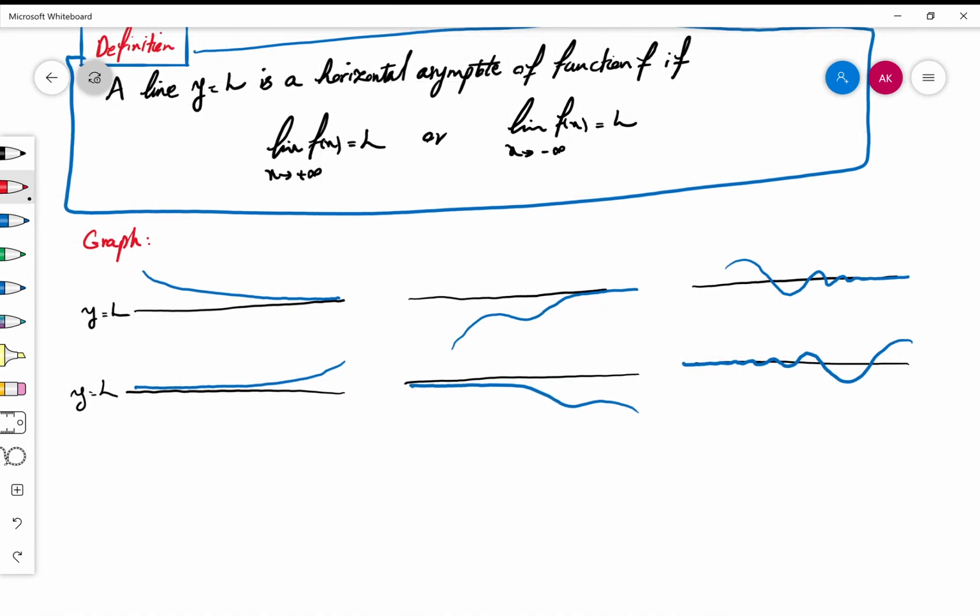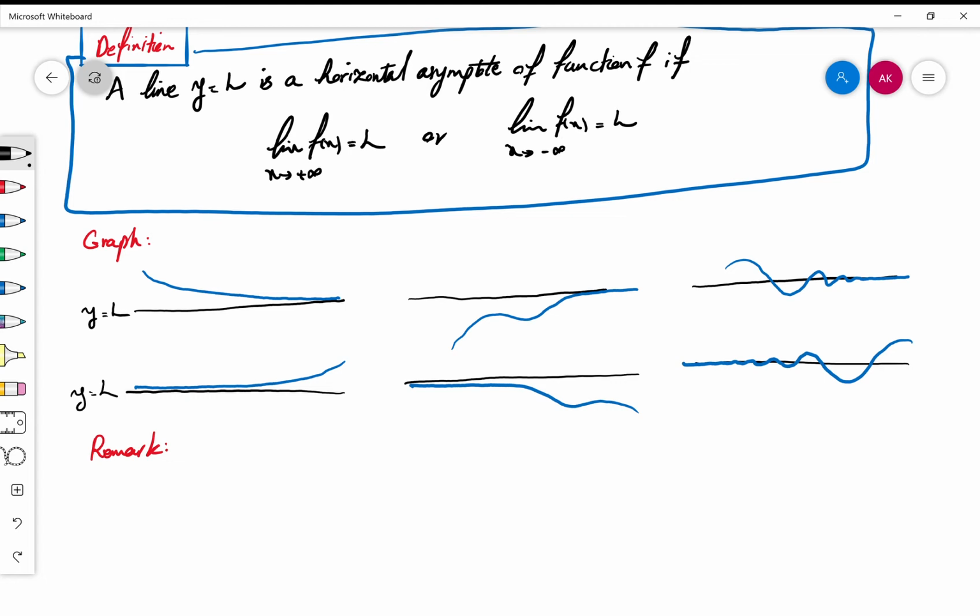One very important remark here is that every function can have at most two horizontal asymptotes. Why? Because every limit at infinity, at plus infinity or negative infinity, can give you at most one horizontal asymptote.